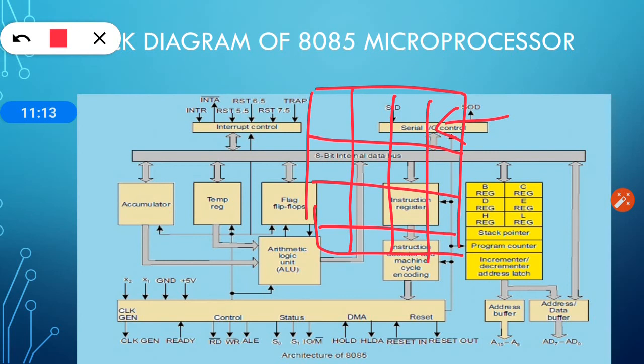Just like our postal service, where each geographical area is divided into small postal areas and for each postal area we assign a 6-digit pin code, similarly memory is divided into a number of subparts called memory locations, and each memory location, suppose this one where I have written 0, has its unique 16-bit address.